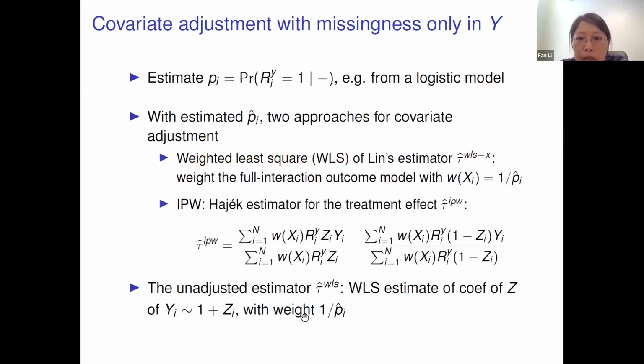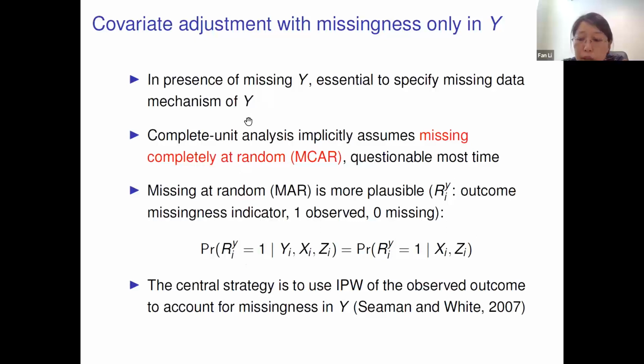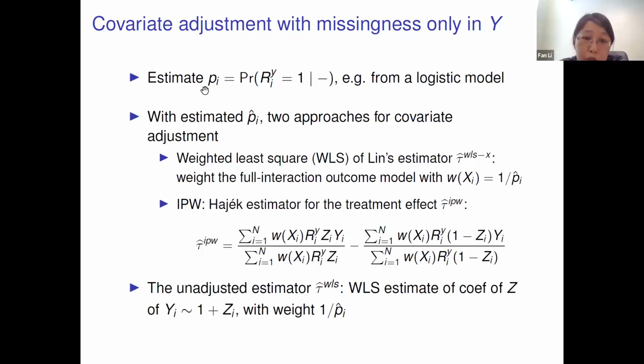That is all pretty well known. In this approach, the key thing is you need to estimate the probability of Y being observed, I call it PI, for example from a logistic model, for each unit.